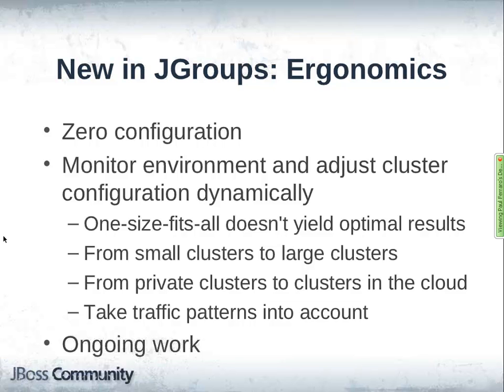So the goal here would be to sense in what environment a JBoss cluster is running and adjust the properties of JGroups dynamically. So this is, as I said, ongoing work, and some of this will already be in AS7 and 7.1. Okay, next slide, please.